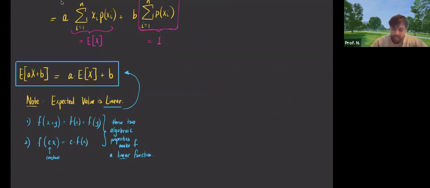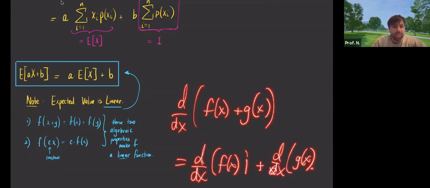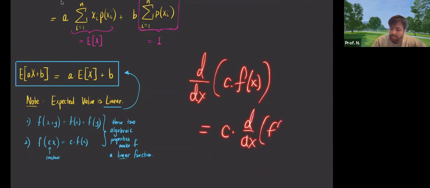You can also go into calculus about linearity with differentiation. Differentiation is also linear, because if you take the derivative of a sum of functions, isn't this equal to the derivative of the function plus the derivative of the other? And if we take the derivative of a constant times a function, isn't this the constant times the derivative of the function?